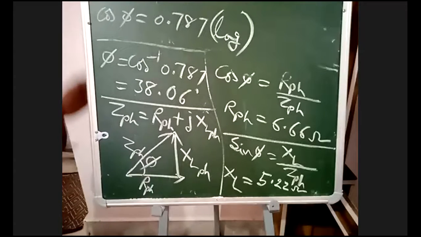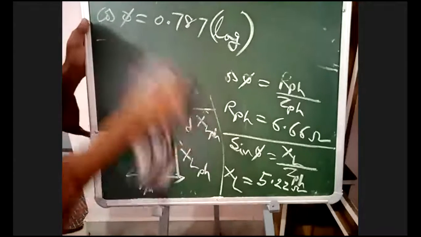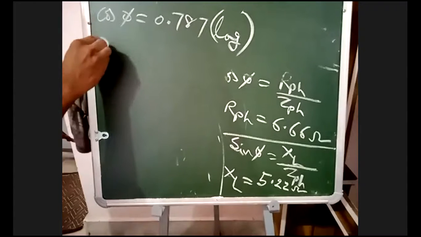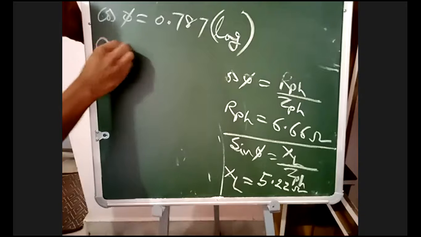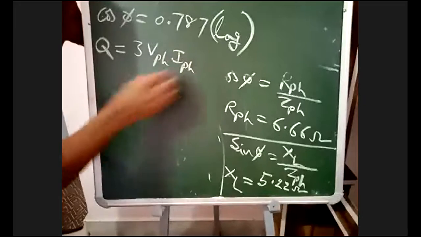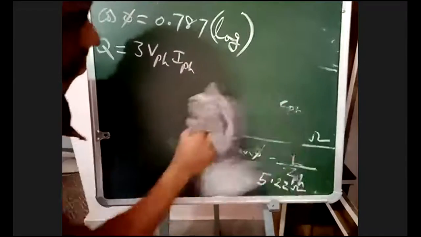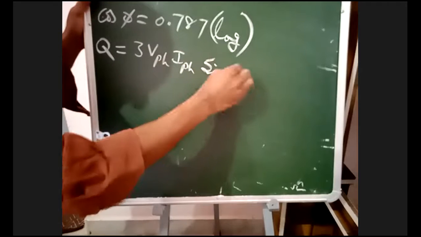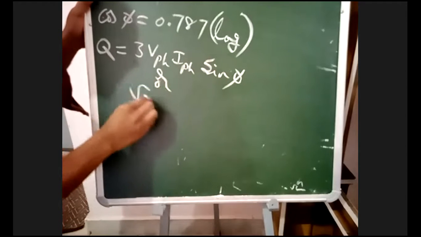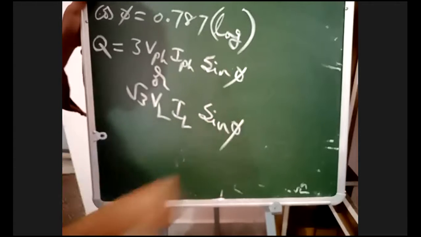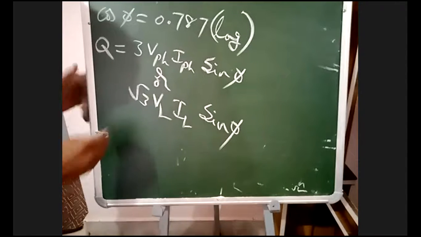Finally, he is asking reactive power. What is the reactive power Q? What is the formula? You can take root 3 also. If you take V phase, I phase, we take 3, or root 3 VL IL sin phi. Take any formula, you will get the same answer.